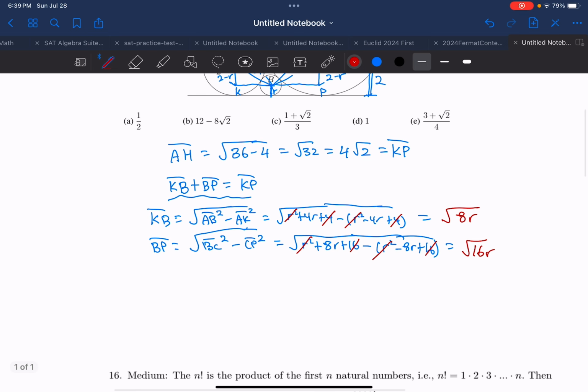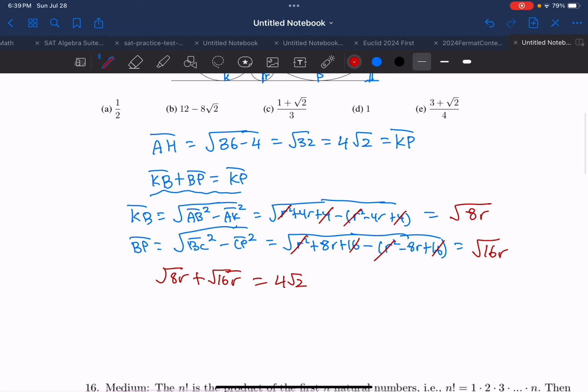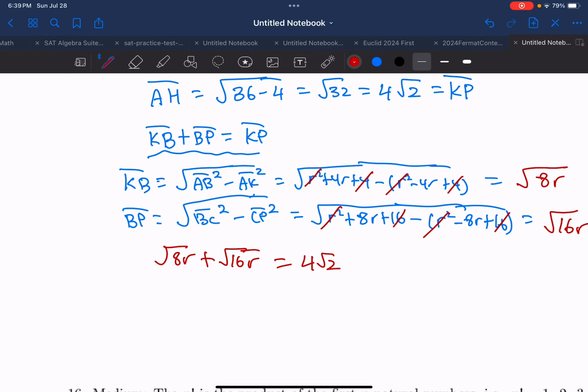So if we add these together, root 8r plus root 16r, this should equal 4 root 2, because that's what KP is. So if we square both sides, we get 8r plus 16r plus 2 times the multiple of the two insides, which is 128r, and this should equal 32.